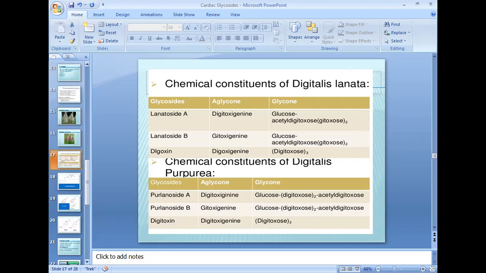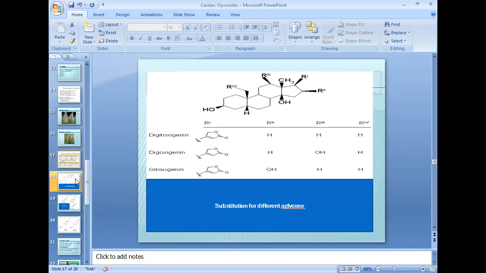Let us see how their substitution occurs. It is a steroidal nucleus, and it can result in different aglycone parts after substitution. R1, R2, R3, and R4 are substituted by different groups and result in different types of aglycone part of the glycoside.